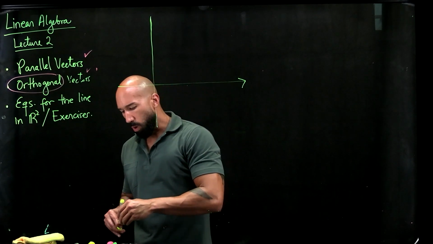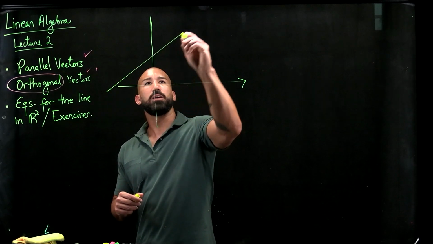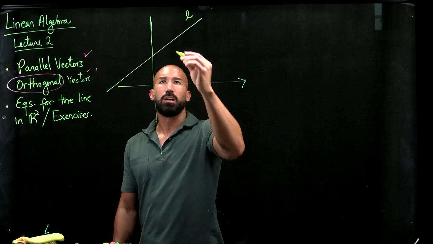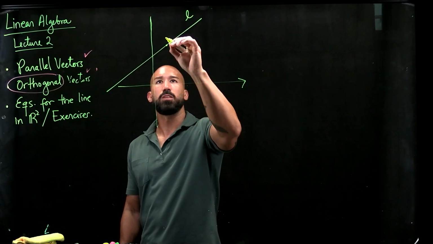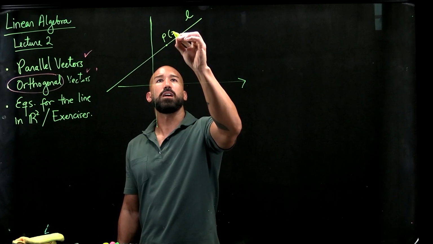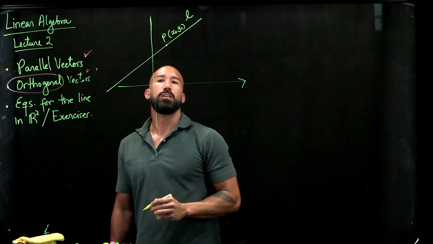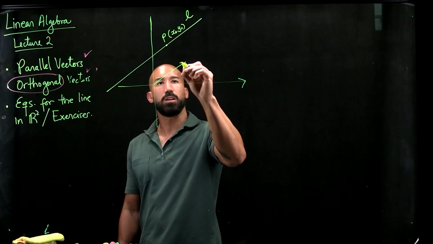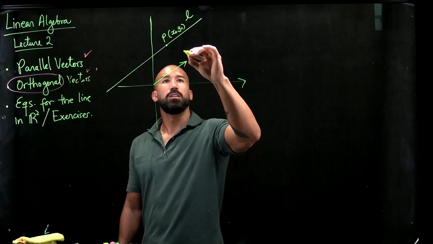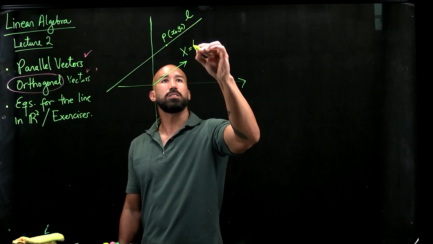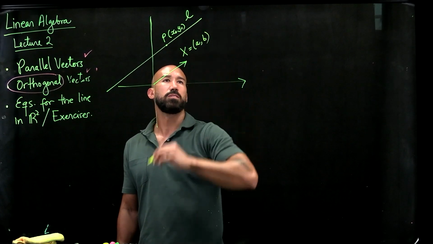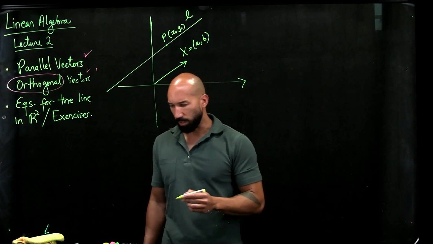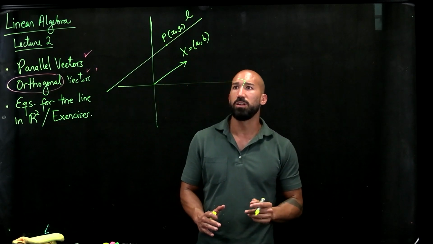Well, what happens if I want an equation for this line here, the line L? What do I need? I will need a point, let's say (0, y0). But 1 point doesn't suffice. The other thing that I'm going to use is one vector, let's say the vector x, and I will denote the first component as letter A and the second component as letter B. So it's a fixed vector.